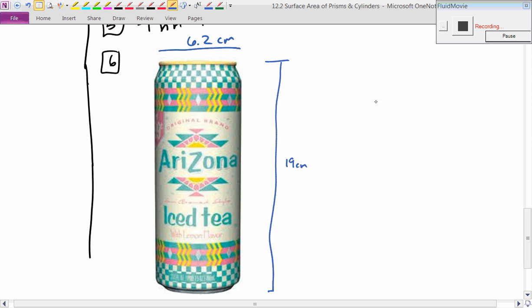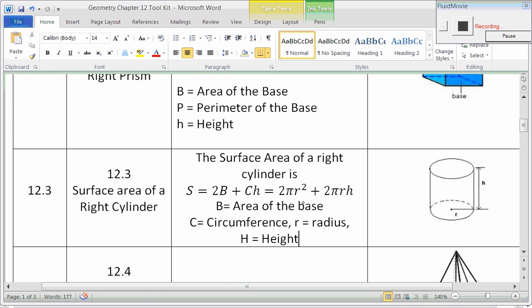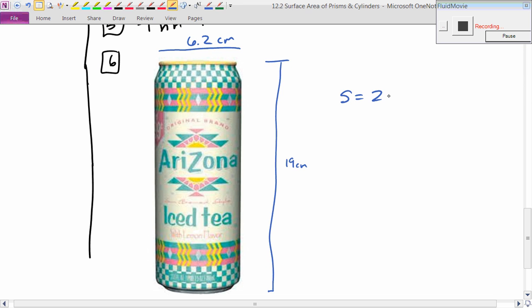can here. So we said the surface area of a cylinder, we're going to use this formula here, is going to be 2 pi r squared plus 2 pi rh. So it's going to be 2 times 3.14. What's the radius of this thing? 3.1.